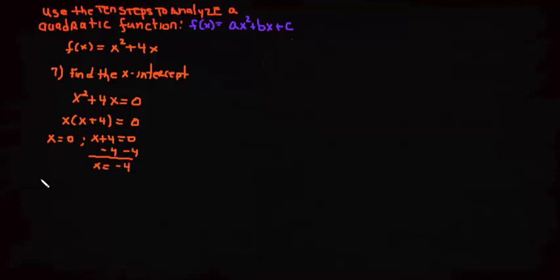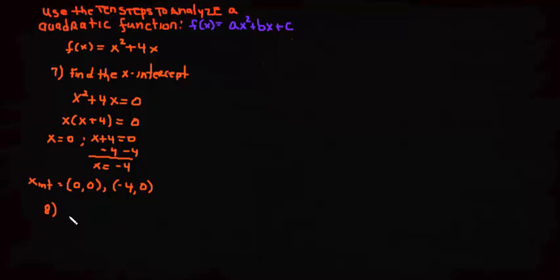So our x-intercepts in this case, and always write your intercepts, your x-intercepts and your y-intercepts, as coordinates. Good math habits, right? So negative 4, 0 and 0, 0 are your x-intercepts.